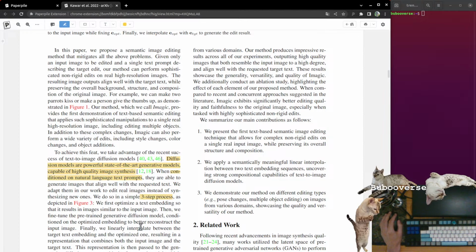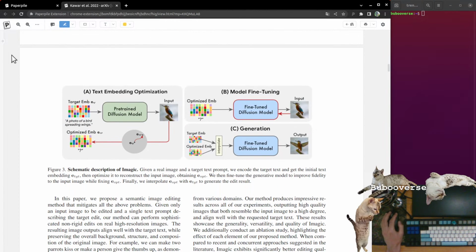Okay, three-step process. So this is their three-step process, A, B, and C. So in step A, we have a real image and a target text prompt. We encode the target text and get the initial text embedding. Okay.